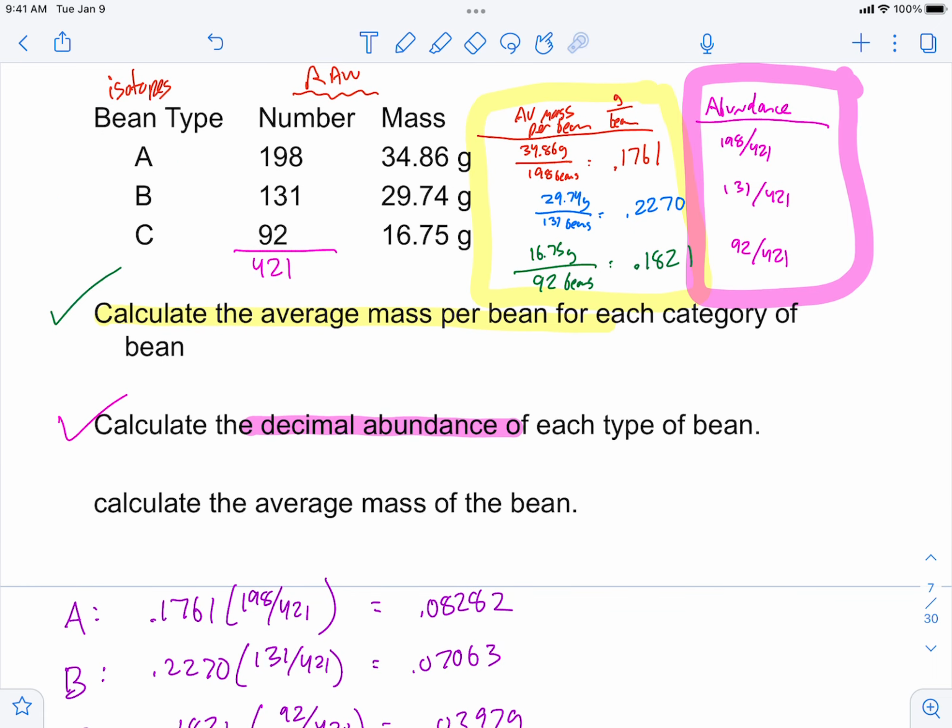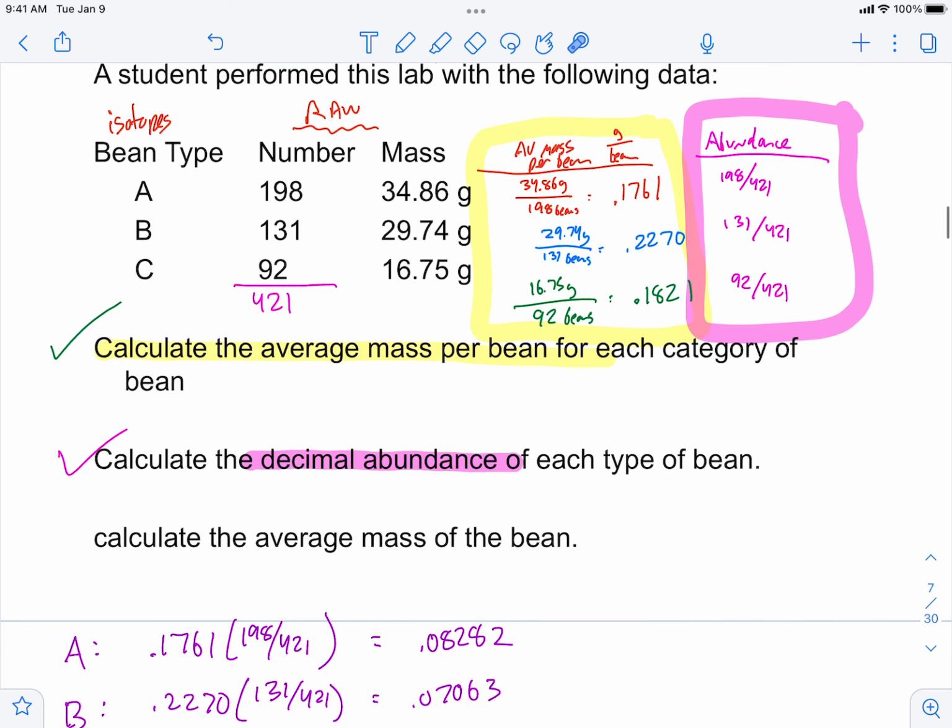Like look here, all of the A isotope weighed this much. So you're going to put a weighing boat on a scale. You're going to press 0. You're going to add your beans, the first bean type, and record the total mass. And you're going to do that for each of these. And once you get all your numbers, then you can start processing the data. When I say process the data, I mean you come up with these last 2 columns here, and then you can use those values to calculate your average atomic mass.